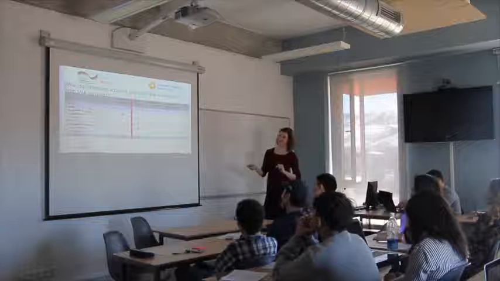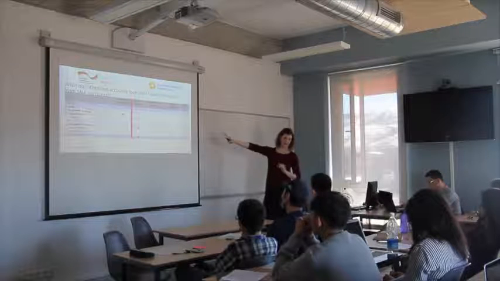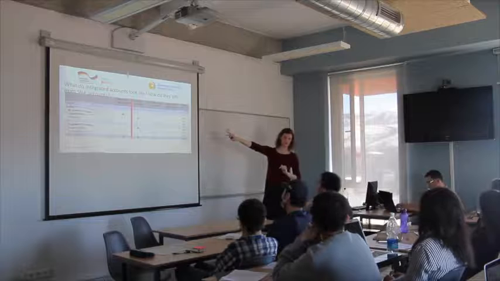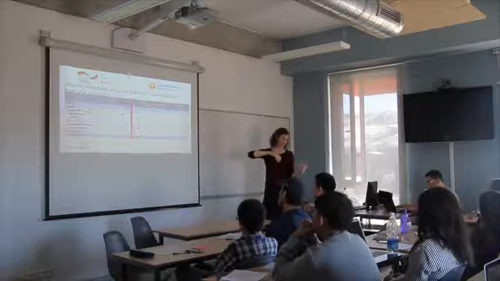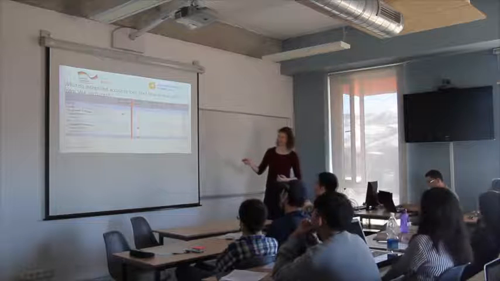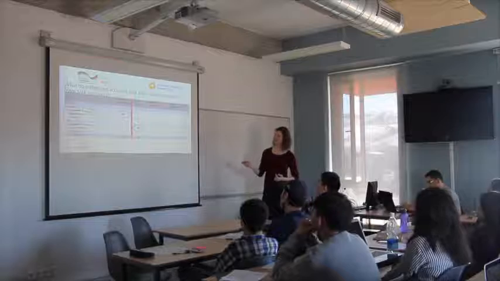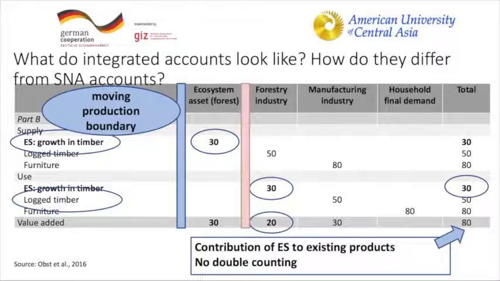So now you can see that these zeros here have disappeared. This is an account that's already taking into account these methods of natural capital accounting and of CAEA. You can see that we have moved the production boundary a little bit to take the ecosystem into account too.